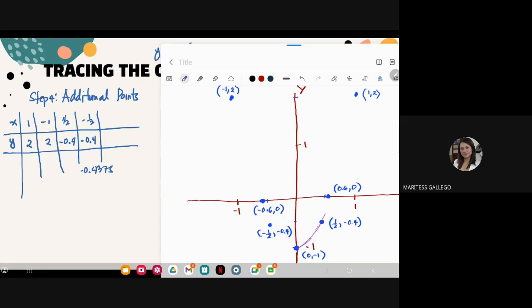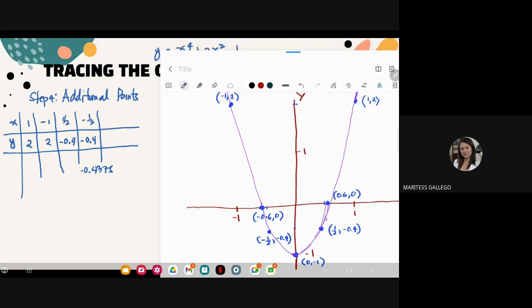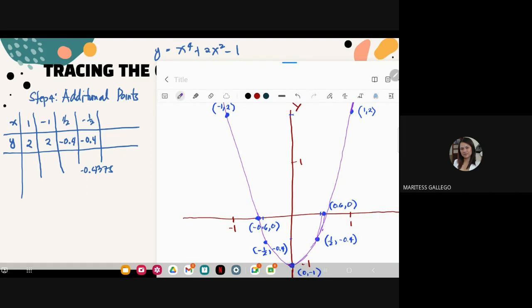Sabi nga, it rises in your first quadrant. Ayan, tataas pa yan. Ito naman, it rises on your second quadrant. So, that will now be the graph. Okay, so that is now the graph of the given function. So, that's how you will do the curve tracing.